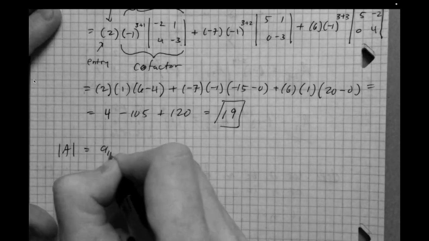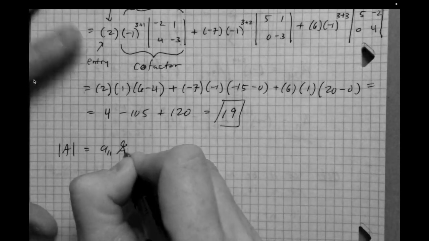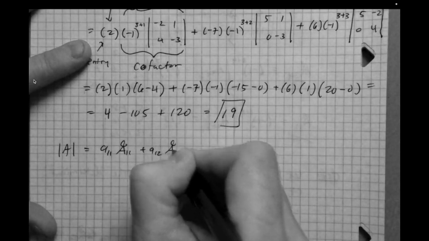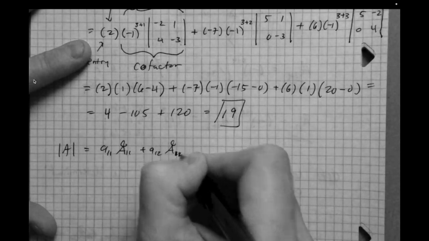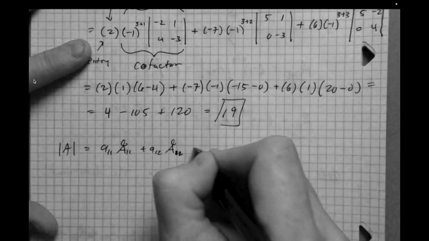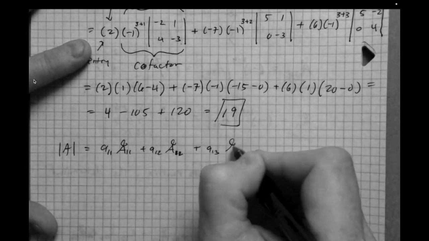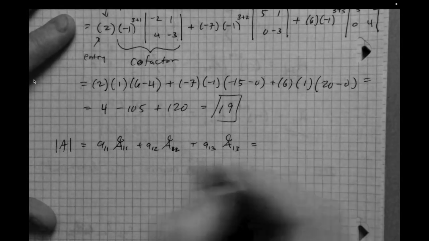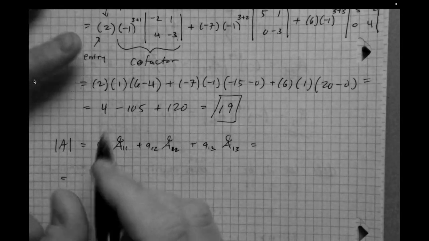That would be A11 times script A11 plus A12 times script A12 plus A13 times script A13. Okay, and so we can write all of that out.